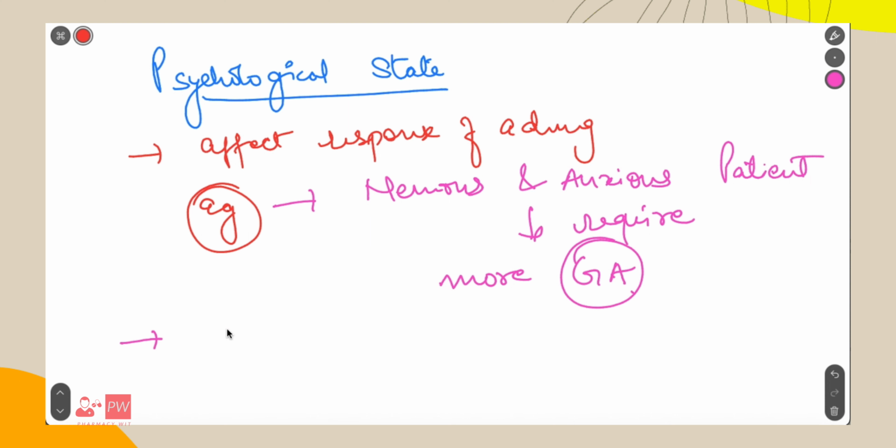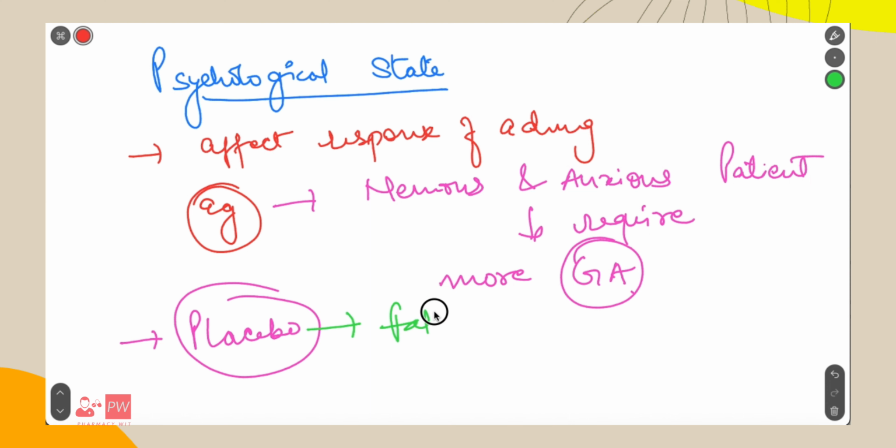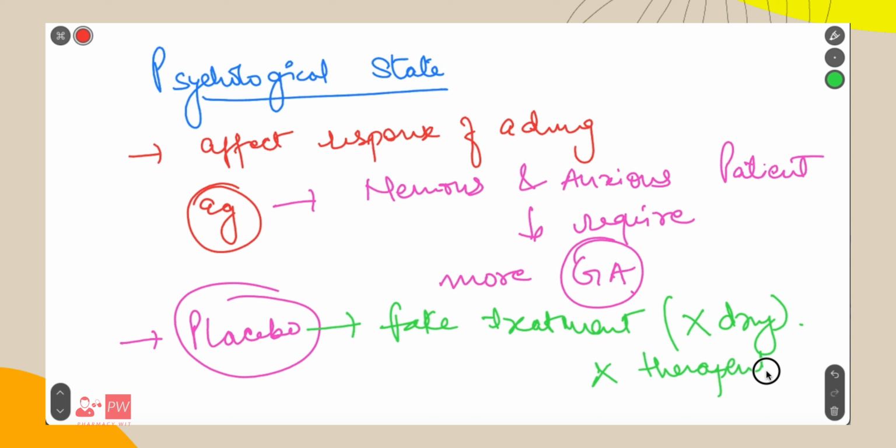Another thing is placebo. Do you know the meaning of placebo? Placebo is an inert substance that does not contain any drug and is designed to have no therapeutic benefits. The placebo effect is when the person responds to the fake treatment, even though it does not contain any drug and has no therapeutic benefit.